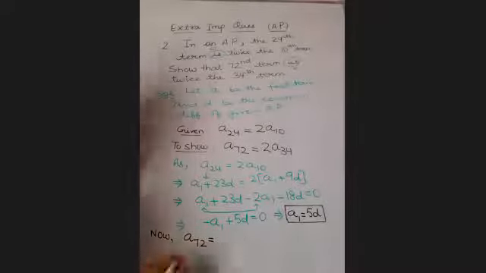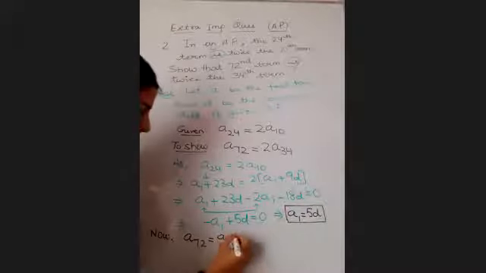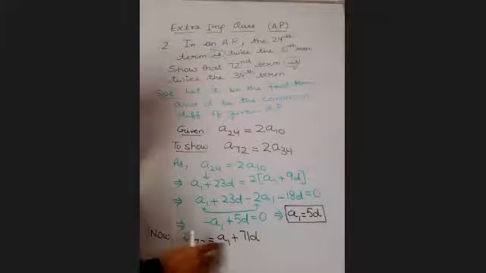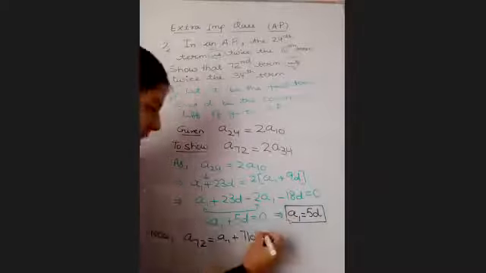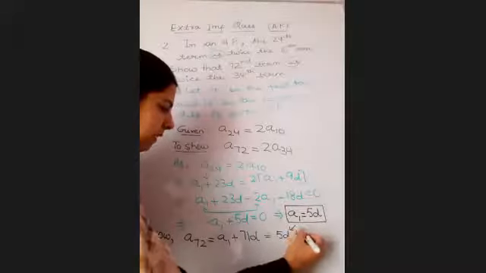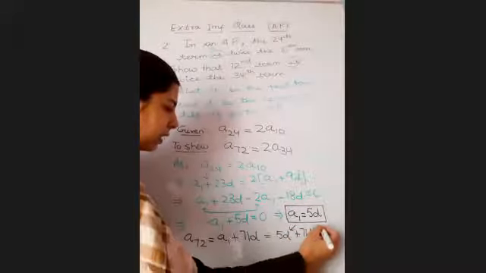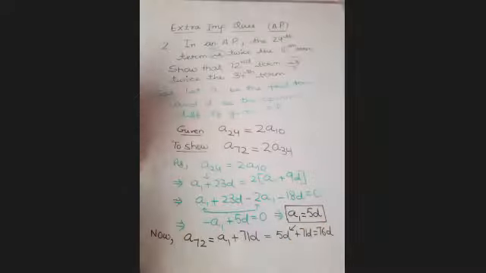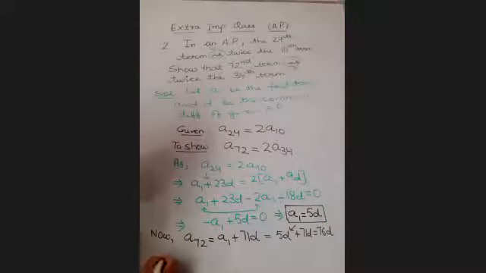A72 is equal to A1 plus 71D, beta. And what is the value of A1? From here, 5D. Using this plus 71D, which is equal to 76D.